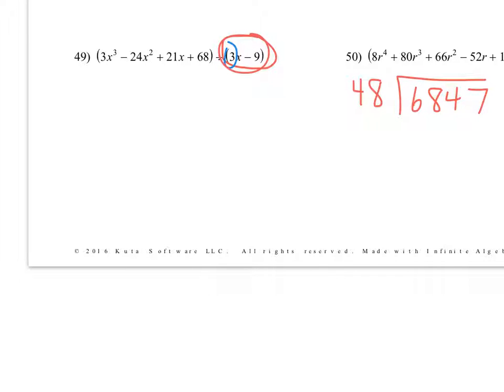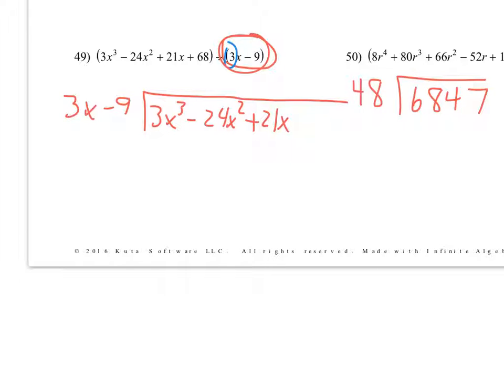Well, this is my divisor, so I'm going to do 3x minus 9, and I'm dividing into 3x cubed minus 24x squared plus 21x plus 68. So you set it up the same way. Now, when you're doing numeric, you say, how many times does 48 go into 68? Well, that would be 1 time, so you put it up there.